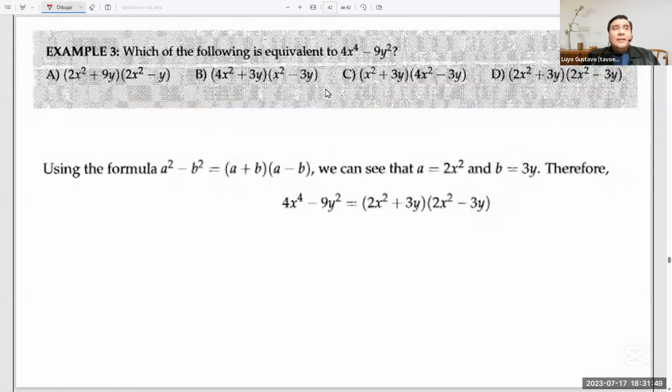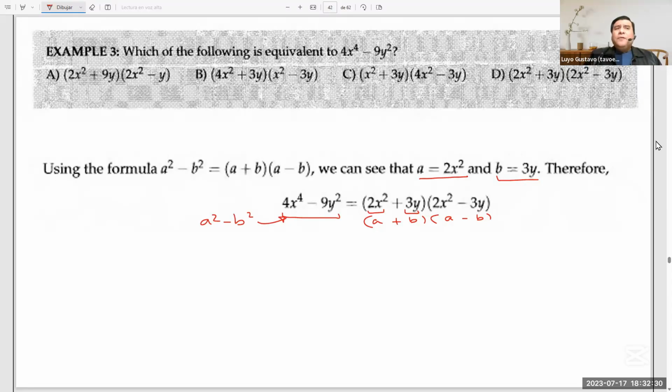If A is 2x squared, because A squared is 4x to the 4th, and B equals 3y, and B squared is 9y squared, then you can factor this like this: A plus B multiplied by A minus B. This one is A squared minus B squared. So we are factoring this difference as a product of a sum and a difference of two terms.